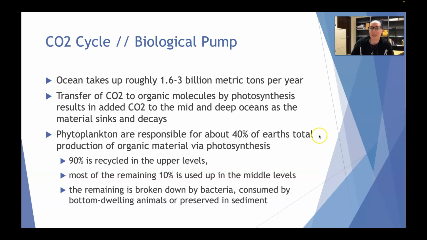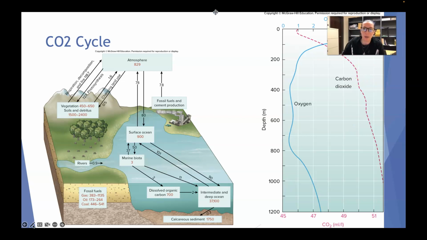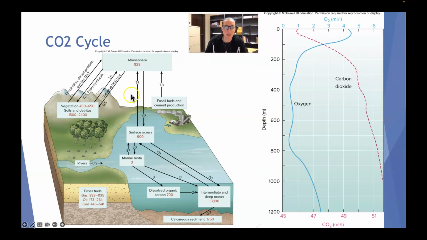So if we were to look at the carbon cycle a little bit deeper, we'll start here on the left. Each box is showing a reservoir or holder of carbon, and each arrow is showing the process of the exchange of CO2 from one reservoir to another.